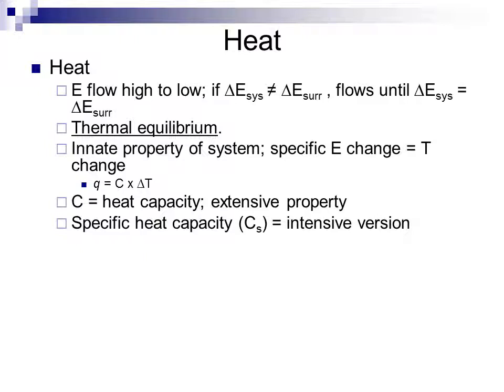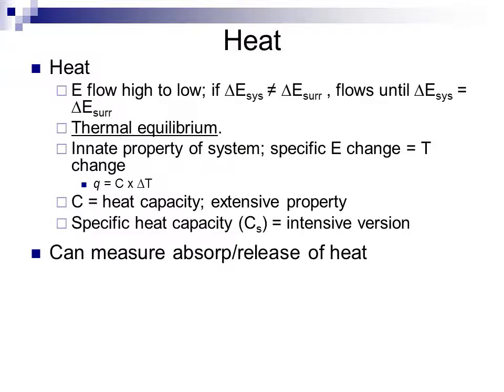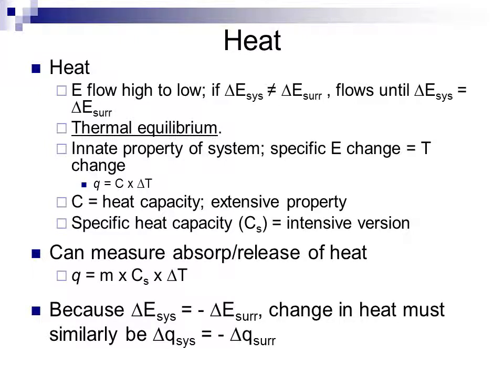Now, the heat capacity will differ, but the specific heat capacity will be the same. We can measure the absorption or release of heat such that the heat will be equal to the mass of the sample times its specific heat capacity times the change in temperature.